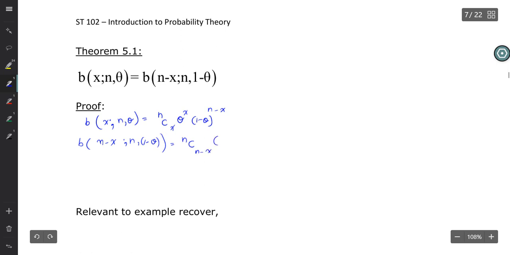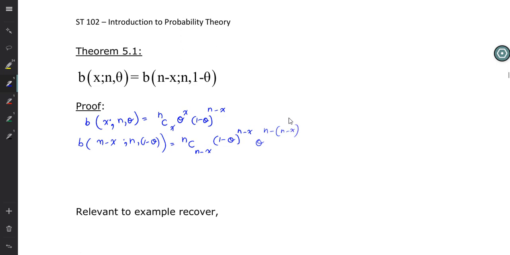And our success probability is now 1 minus theta, to the power n minus x, and the failure probability is theta to the power x. So it's the same thing now, okay, with replacing x with n minus x and theta with 1 minus theta.